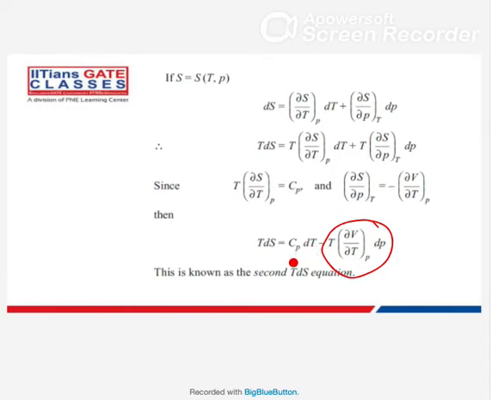Otherwise for real gas, it is not only a function of temperature. With this we can prove how enthalpy depends on other properties, for ideal gas and real gas. So these two TdS equations are clear to you.